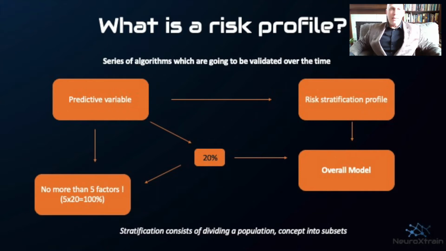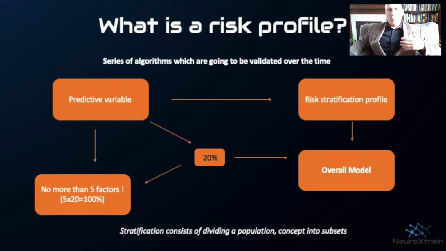So what that means is, if you have a predictive variable to put somebody in a risk stratification profile, you're going to want a correlation better than, say, R equals 0.4, and that is going to account for a minimum of about 20% of the variation of your overall model.